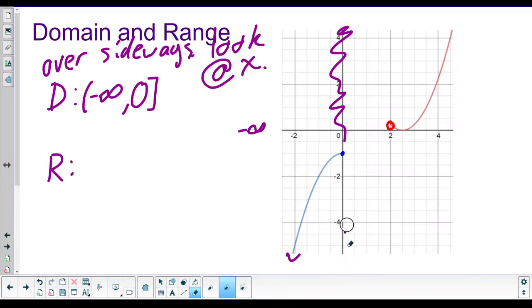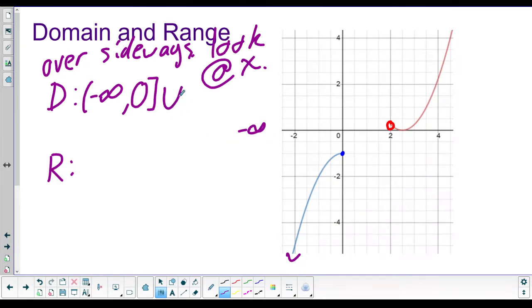All right. Now, that's not the only chunk of graph that we have. We also have this red chunk over here. So to add more to our domain, to include this chunk here, we need to put a union to show that we're including it and connecting it. This is the math symbol for and. Now, where does this one start? How far left does this go? This goes to 2, but because it's got an open circle, it's not quite 2.